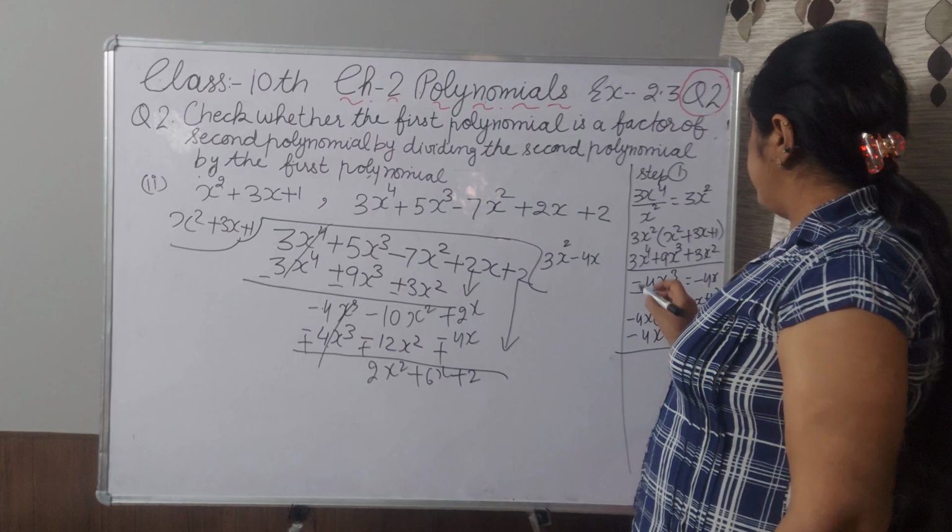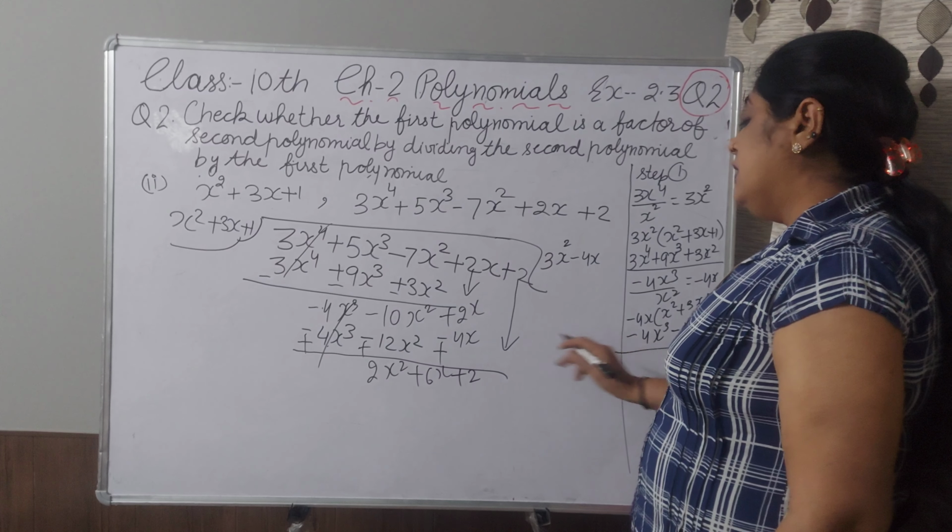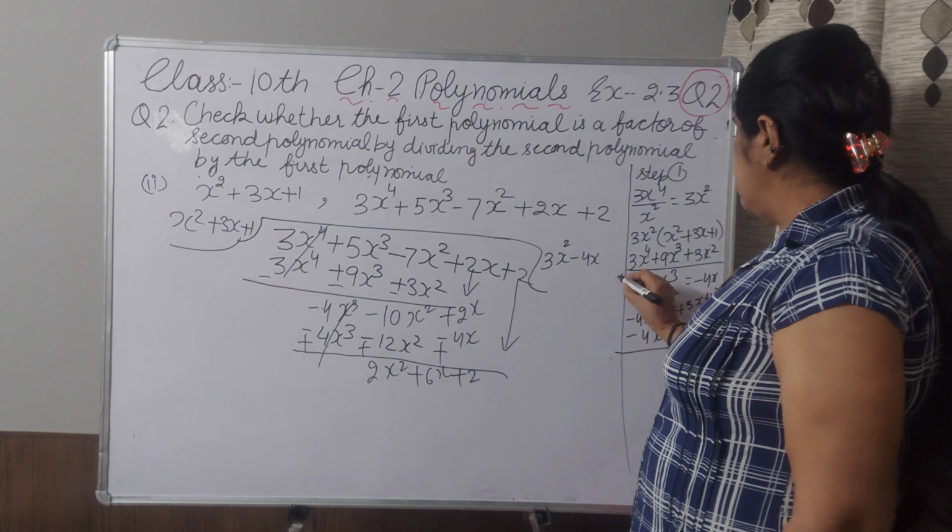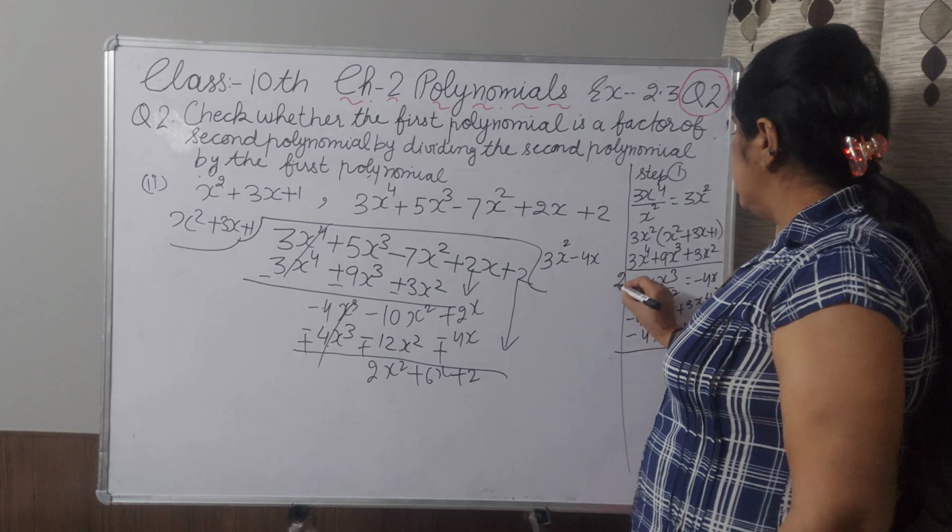Now third step. 2x square, this was second, this was first, and now third step. 2x square divide by this first term x square, you will get 2. Write plus 2 here. Now this 2 multiply by x square, 2x square.